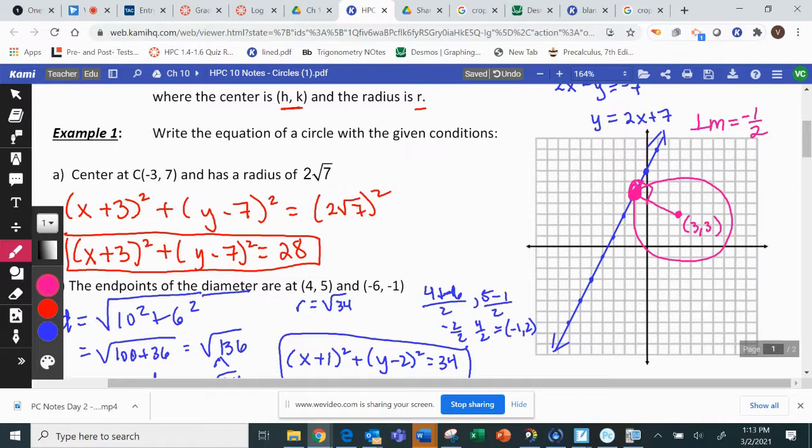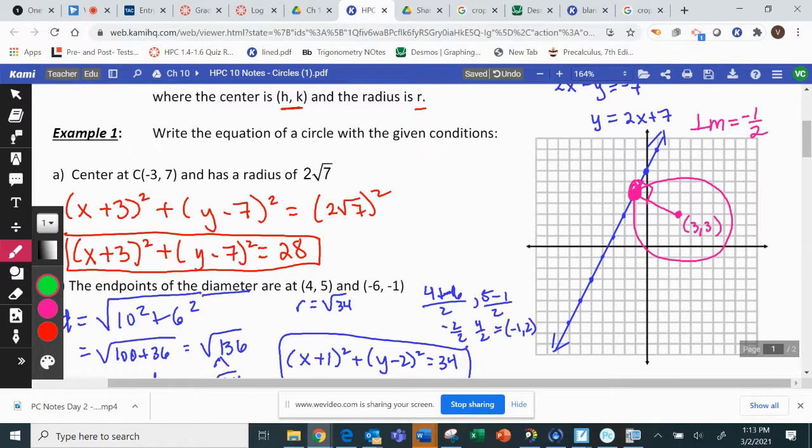So now what could we do? Well, if I do +7, it's going to cross up here. And I don't think so. So the -1/2 x is definitely important.